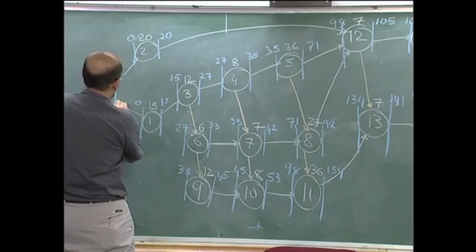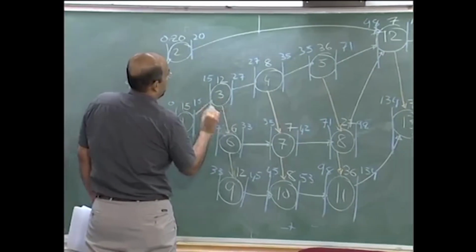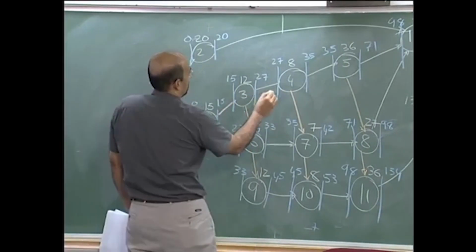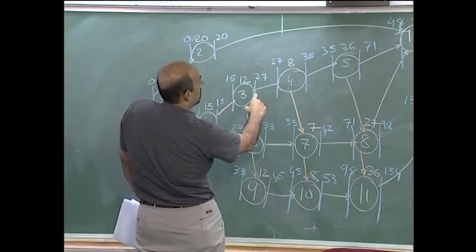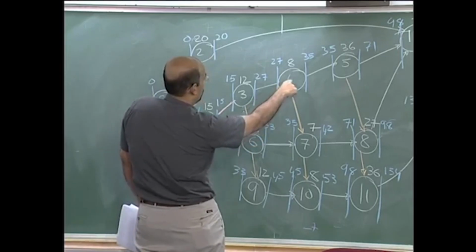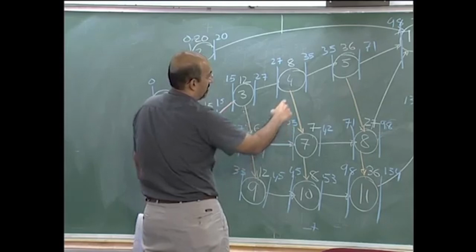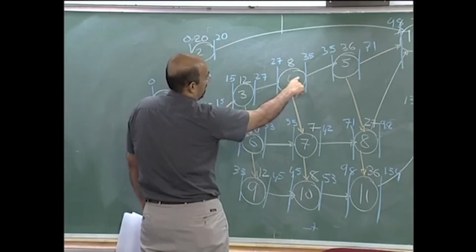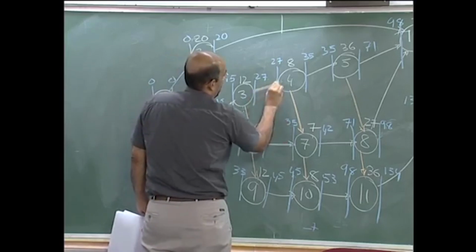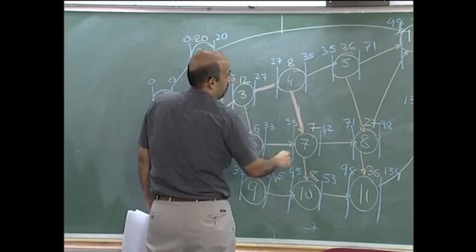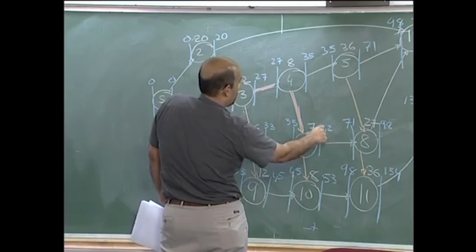So we go through 1, 3, from 3 what happens? It goes to 6 or, wait, 35, I think it goes to 4. Actually we should do the backward pass, but let's try to make a guess. Look at this, 35 is controlling here. So it goes through 4, comes down here, and here what is controlling?